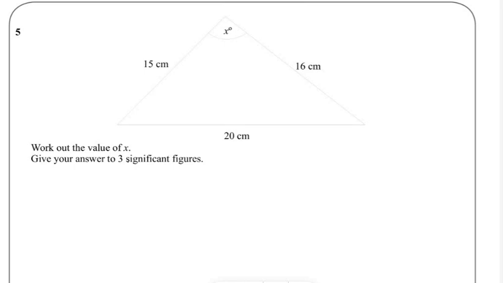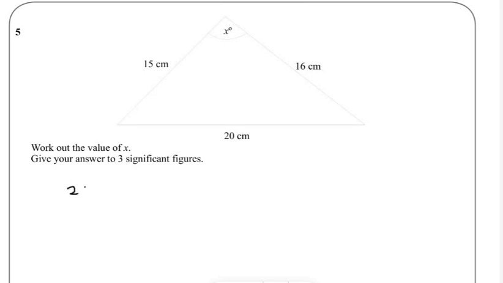Now the cosine rule can be used to find a missing angle. Just like here, we have three of the sides given for this triangle, and we've been asked to find this angle x. So now what we need to do is start off with 20, because 20 is opposite to the angle that we're trying to find.